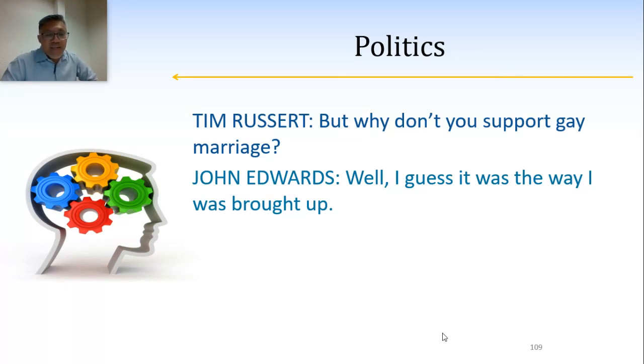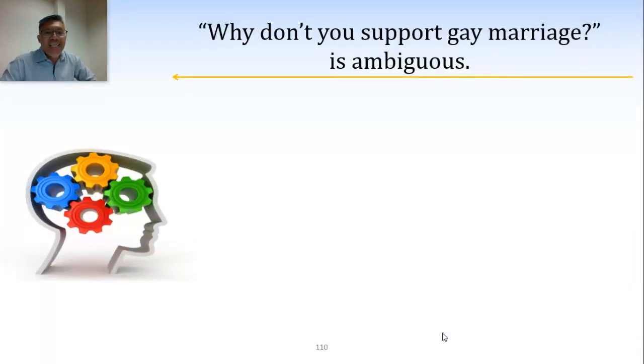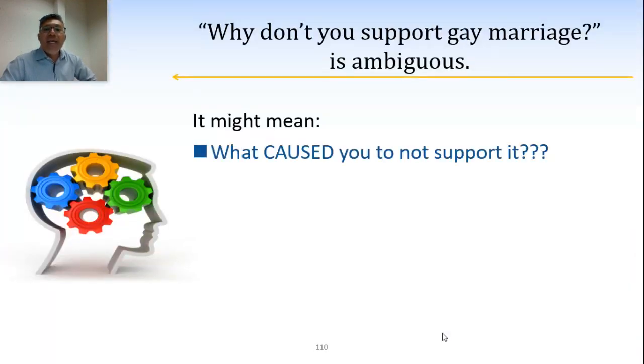Now, the candidate answered the question using his own interpretation of the question, but really the question is ambiguous. Tim Russert asks, but why don't you support gay marriage? It's not explicit what it is he is asking for. Is he asking for the cause for not supporting it?